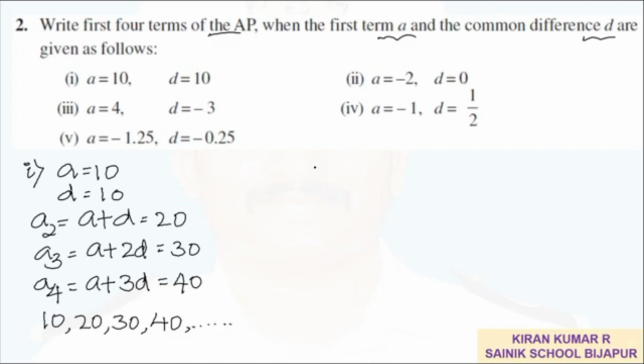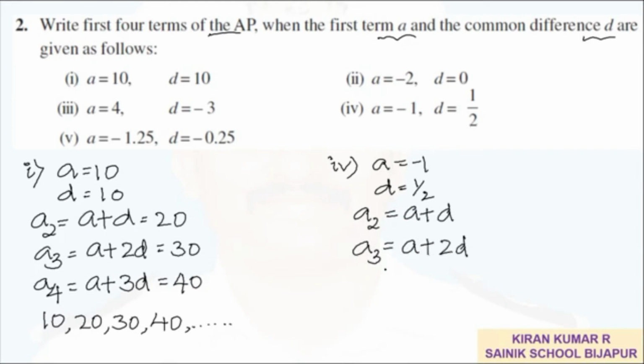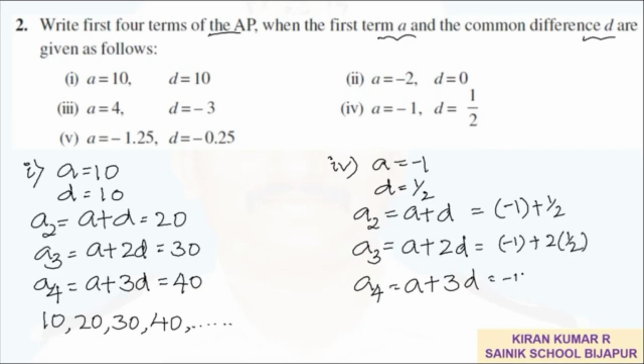Let me take one more, say the fourth one. The A value is -1, the D value is positive half. The second term A2 is A plus D. The third term A3 is A plus 2D. And the fourth term is A plus 3D. Let me substitute in each one of them: -1 plus half, -1 plus 2 times half, -1 plus 3 times half.